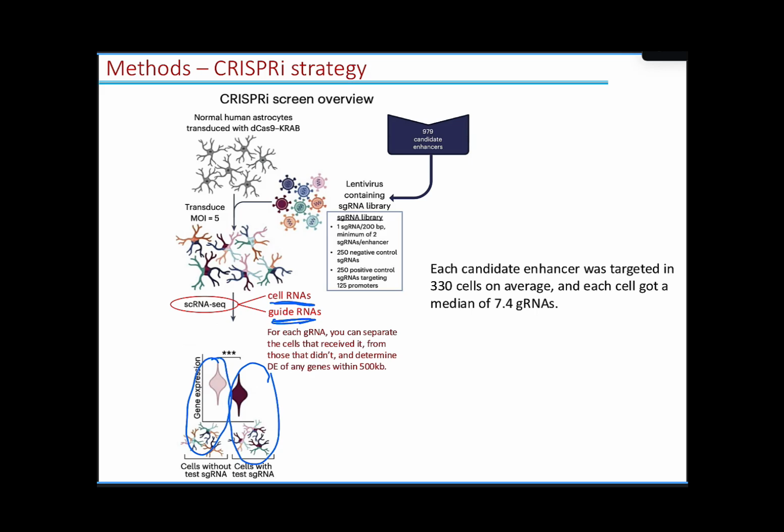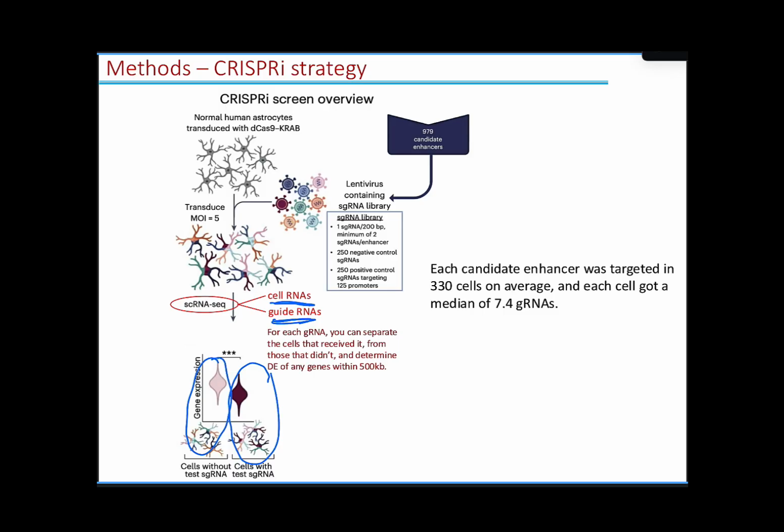So you understand the strategy here? You take a group of cells, you inhibit enhancers randomly in them, but then you have a way to say, cell by cell, which enhancer did I inhibit here? What happened to the expression of genes? Second cell, which enhancers did I inhibit here? What happens to the expression of genes?